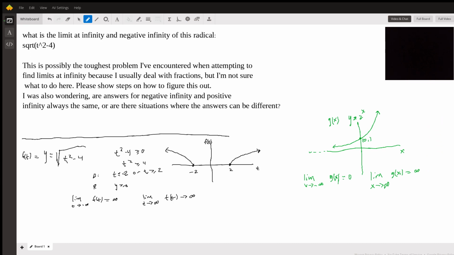So that's a simple example, exponential growth. You've seen that in school. By the time you study limits, you will have seen exponential growth and decay. And so that's an example of how the limit as x approaches negative infinity is different from the limit as x approaches positive infinity. Okay, so I think that answers everything on this one.